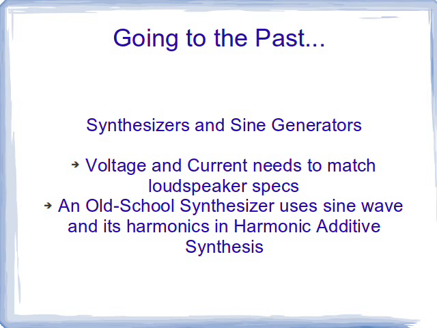Basically, a sine generator generates an alternating current in a sine wave fashion. For instance, the wall socket generates a sinusoidal alternating current, and that's why you hear a constant hum at 60 or 50 hertz when using a washing machine, for instance.